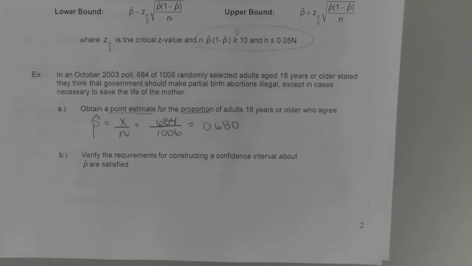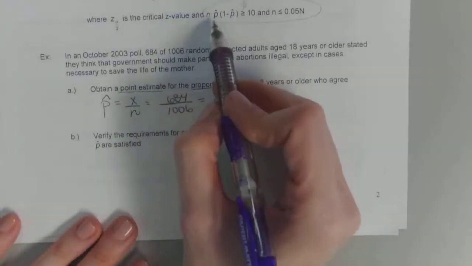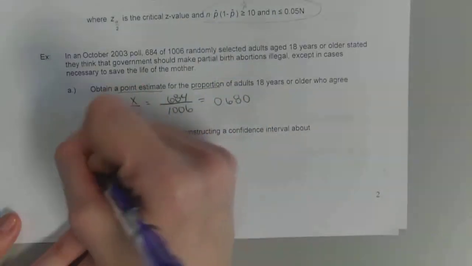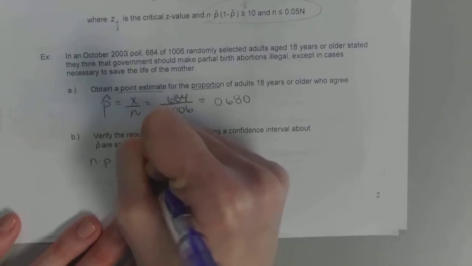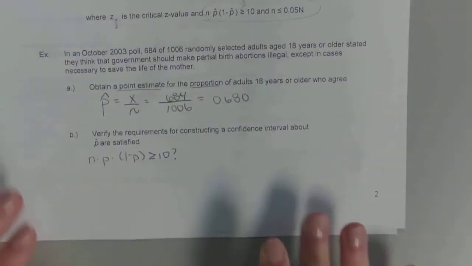So on your homework, the first part of every word problem will be the point estimate, okay? And that's what you've done up until now. Then the second part will say, we'll make sure that it is approximately normal, and then we're going to go on to our confidence intervals. So the first one is, let's look at this inequality first. N times P times 1 minus P, is that greater or equal to 10?